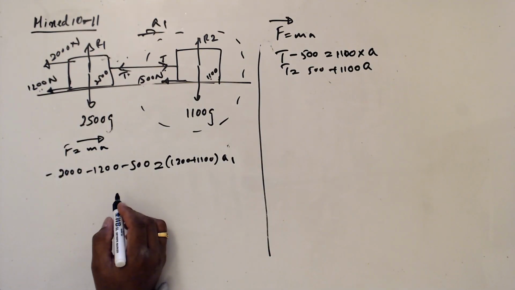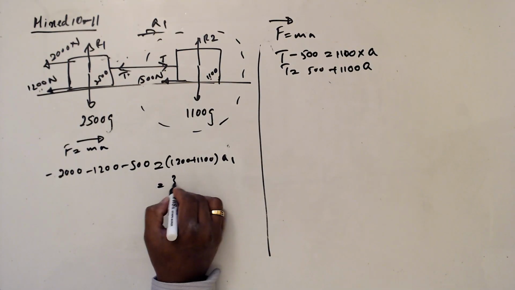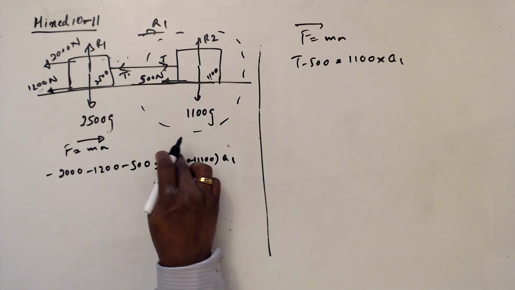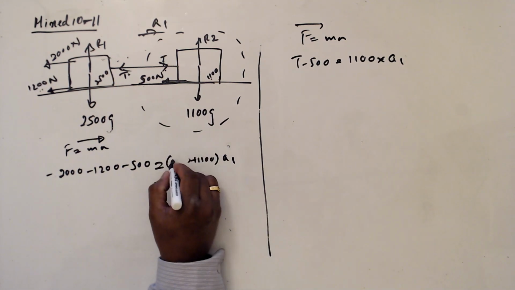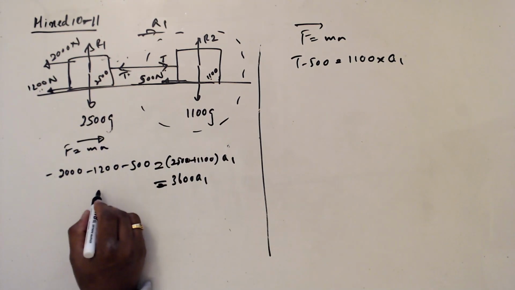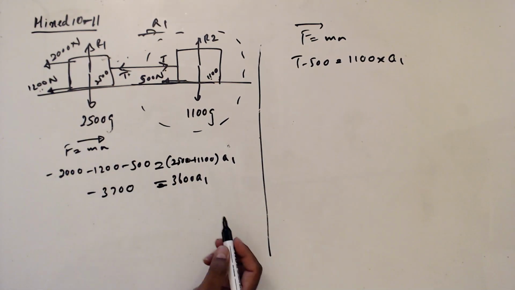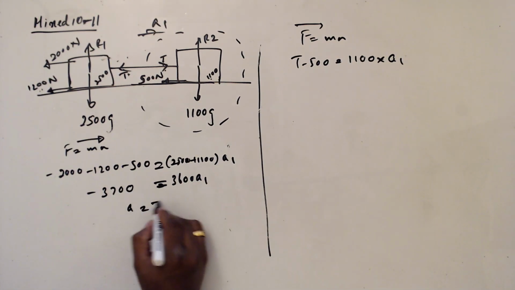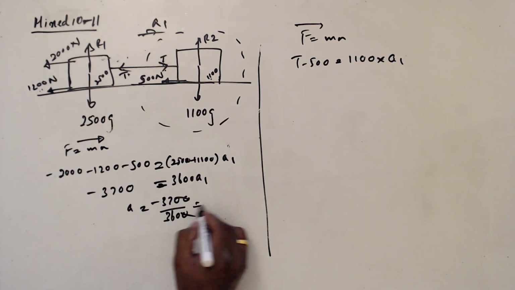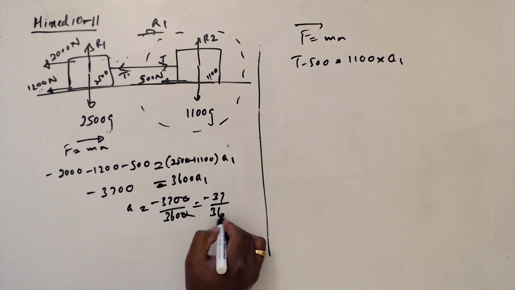So this is going to be 3600 a1. This has to be 3700, so a1 equals 3700 divided by 3600, that is 37 over 36.